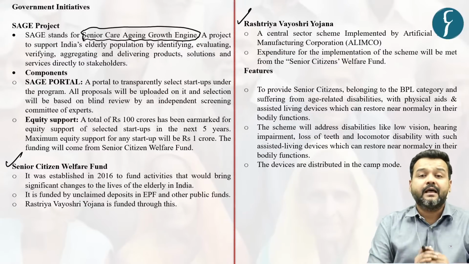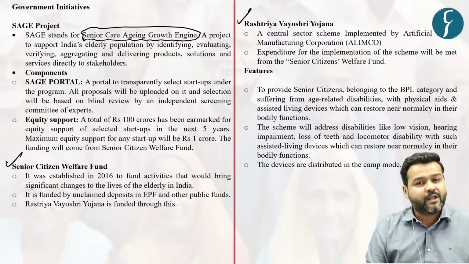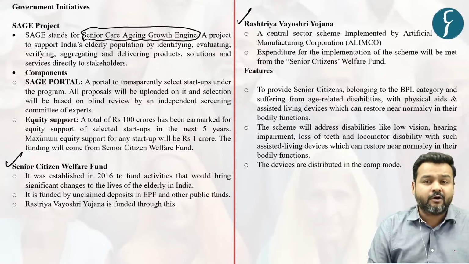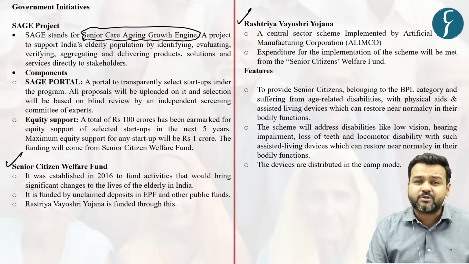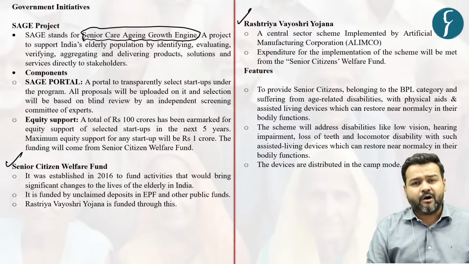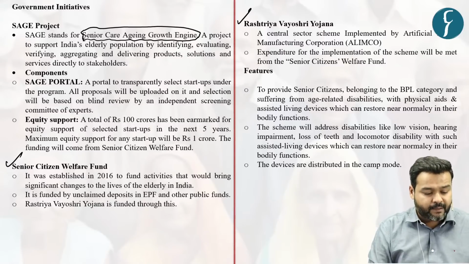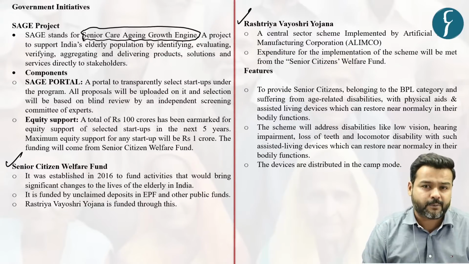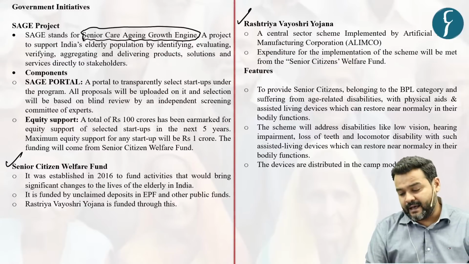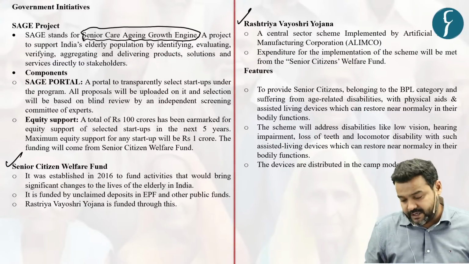However, as we discussed, due to lack of awareness about the technologies, most of the elderly are unaware of how to use such technologies and how to take benefit of them, and a very small proportion of the population is getting benefit of such government initiatives.